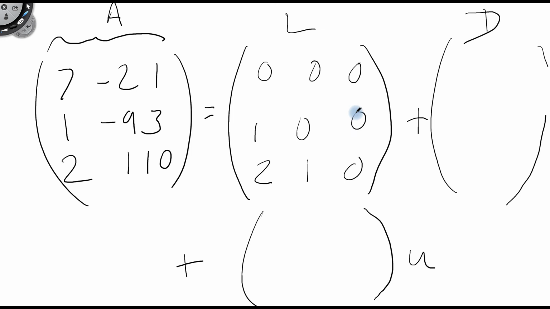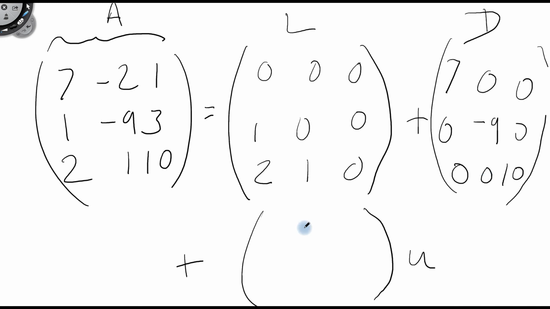The D bit is just taking out the diagonal, and then zeros everywhere else, and then the upper triangular is just that.